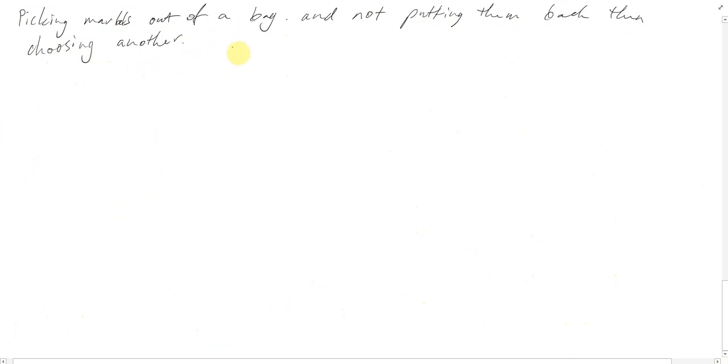So let's first look at our bag. Here it is. In this bag we've got 4 reds and 2 blues.